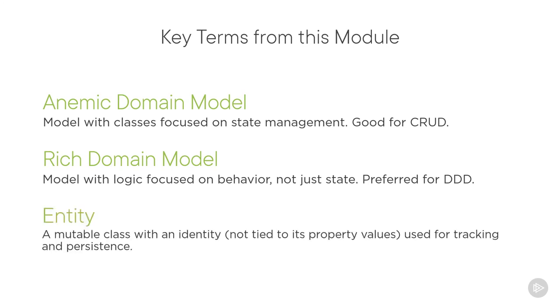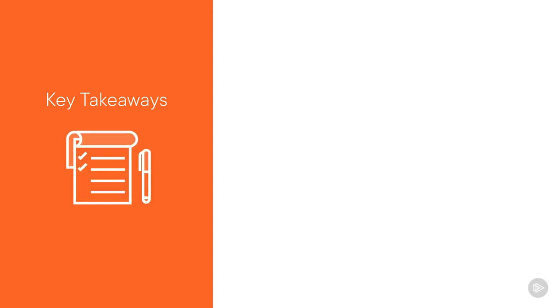Then we talked about entities, and entities tend to be one of the core pieces of our domain model. The key thing that distinguishes an entity from other types in our model is that it has some kind of identity that we can use to track it over time and to bring it in and out of persistence. This module provided you with your first look at implementing a bounded context in code, an important part of tactical design.